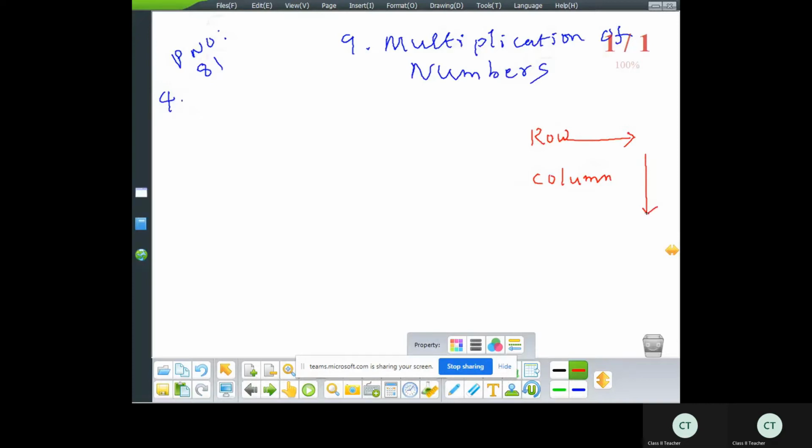Column means standing line. Fill in the blank in the table. Write them in the form of multiplication.